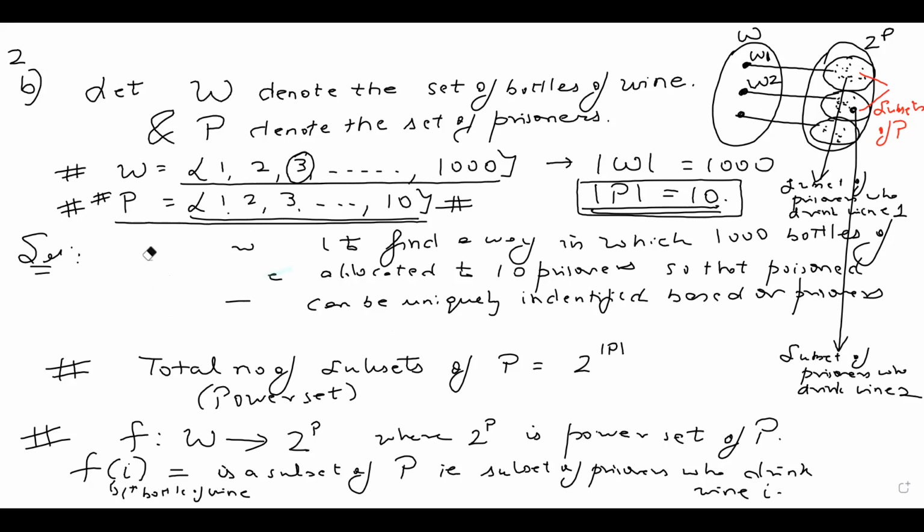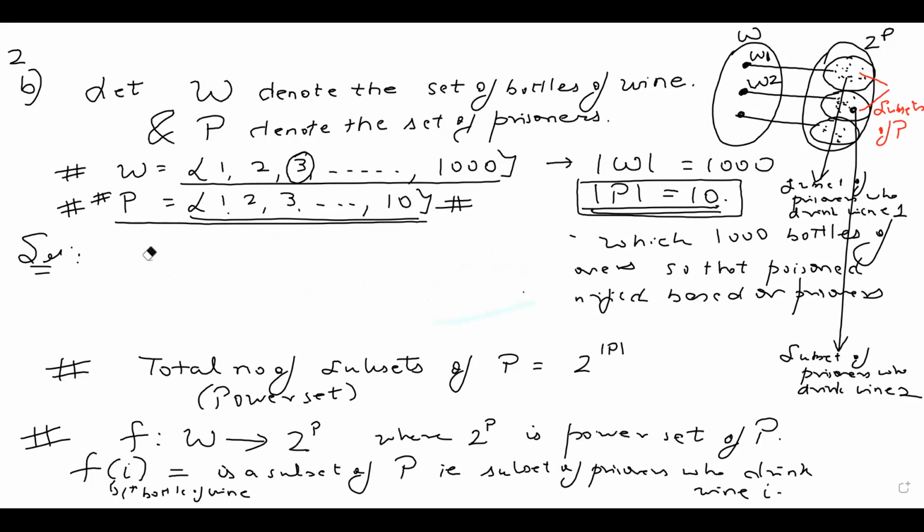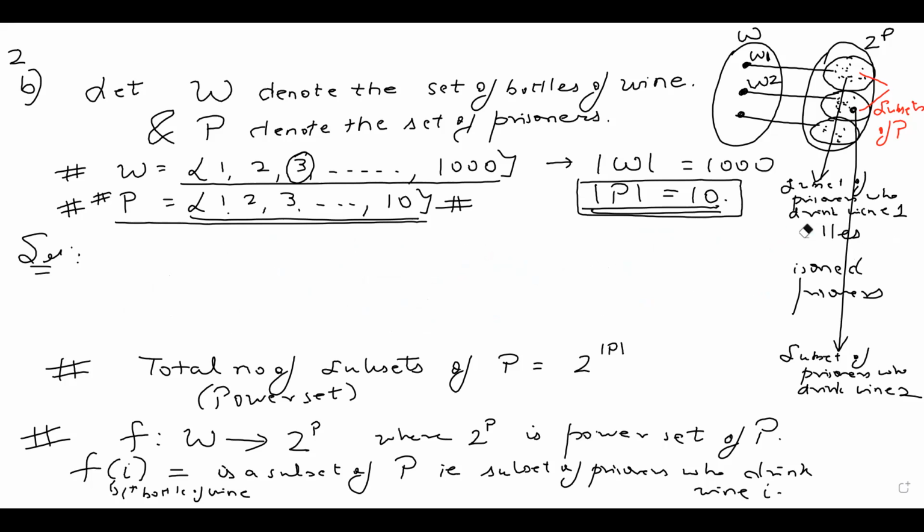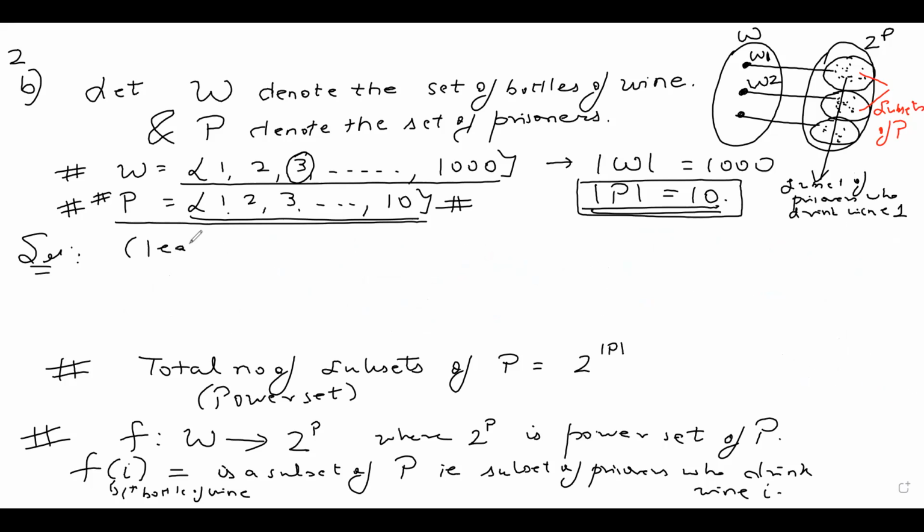I hope all students are simultaneously writing the solution. That is very important, that you write along with me. Okay. So erasing this part, I can now write that clearly the function f is injective.